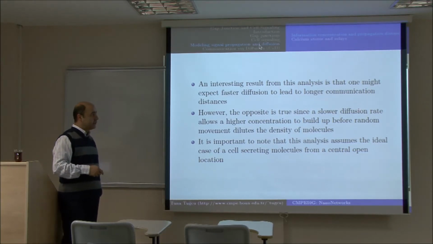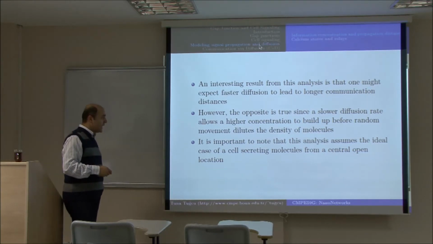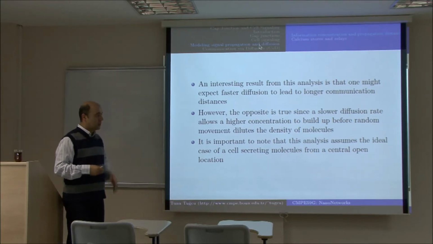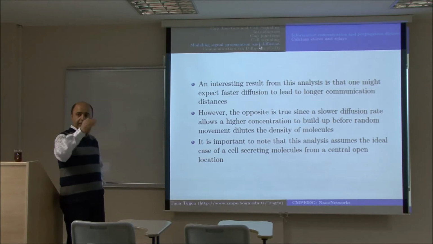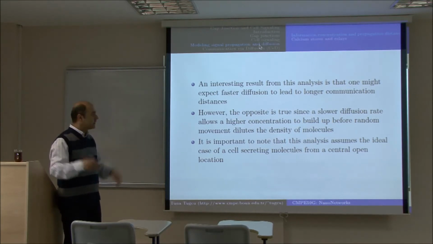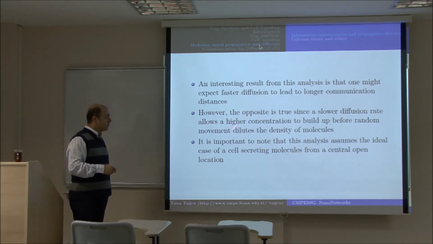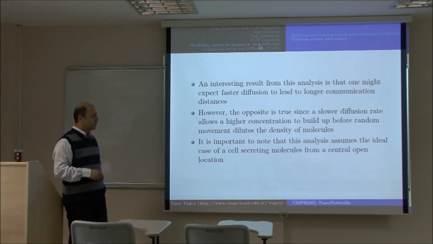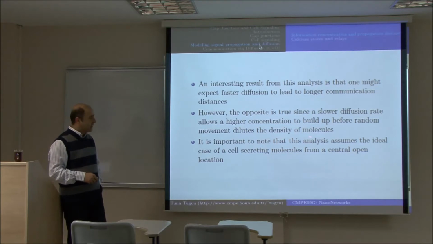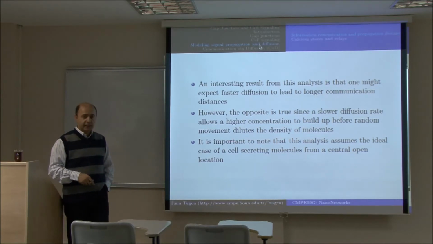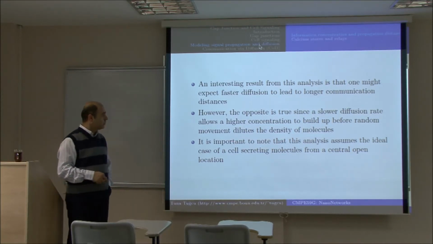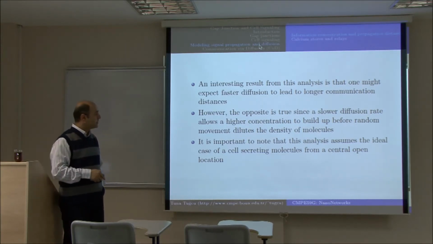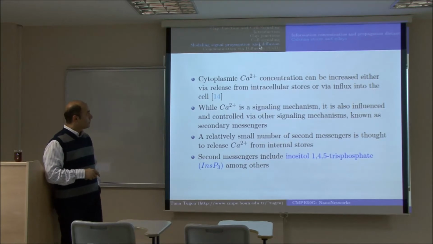Since a slower diffusion rate typically allows a higher concentration to build up, it will not immediately diffuse in all directions before the random movement dilutes the density of the molecules. So it's important to note that this analysis assumes the ideal case of cells secreting molecules from a central location, where the central location is the transmitter cell itself.